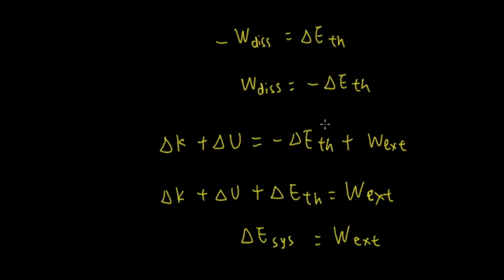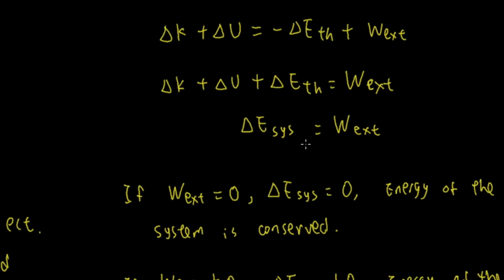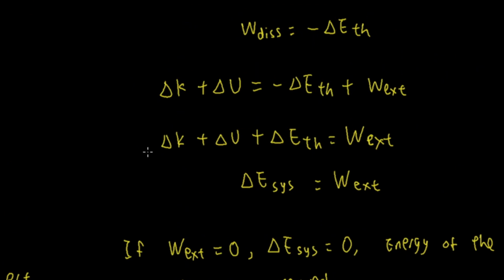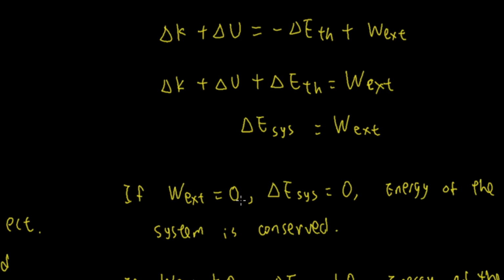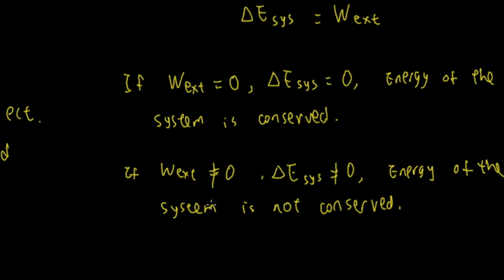So if you look at it like this, if the net change in these energies is zero, which is when the work done by the external force is zero, then the energy in this system is conserved. But if the change of these three types of energy is not zero, which is this case here, then the energy of the system is not conserved.